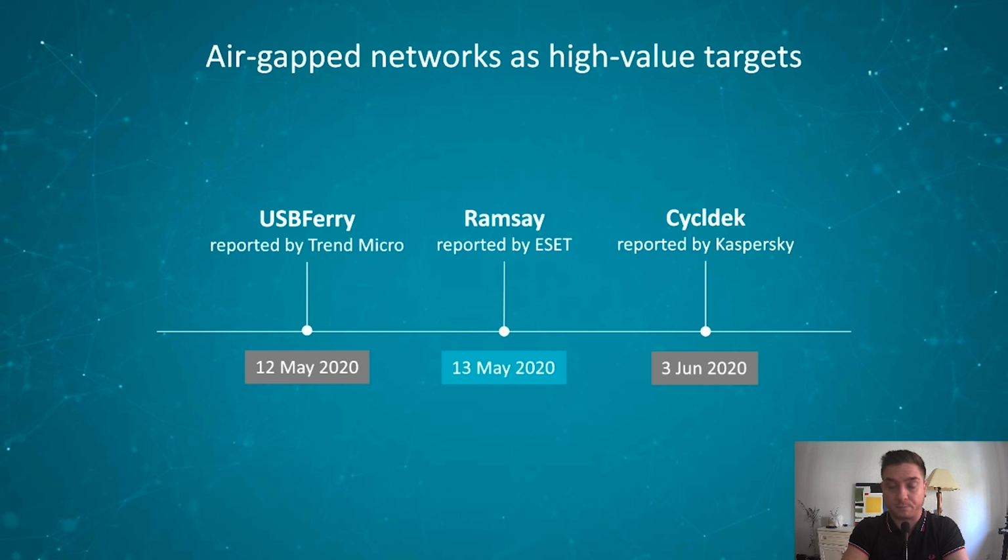But the fact that 3 different vendors reported their own activity set in regards to malware targeting air gaps within a time frame of 1 month is pretty remarkable, and tells us a bit how these kind of networks are increasingly demanded by adversaries. And this relatively high volume of targeting of these networks can classify these networks as high-value targets.